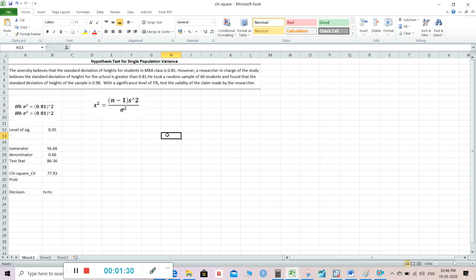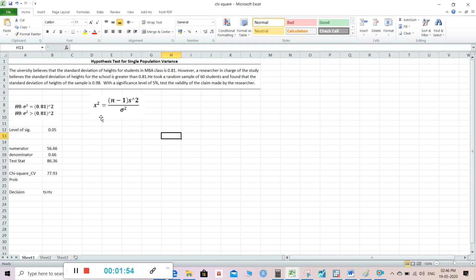The standard deviation squared is your variance. So sigma square equal to 0.81 square, that is your null hypothesis, and your alternative hypothesis, sorry, it's supposed to be H1. H1 is sigma square greater than 0.81 square.